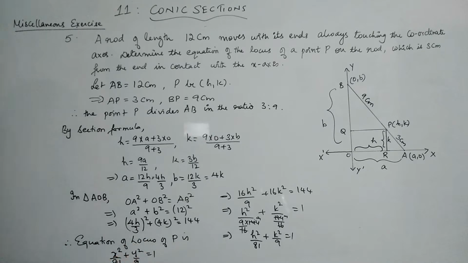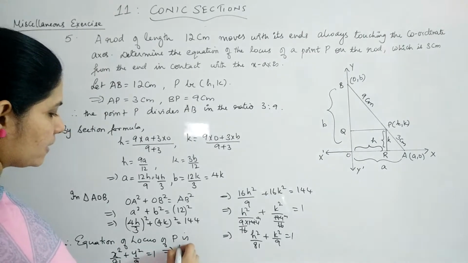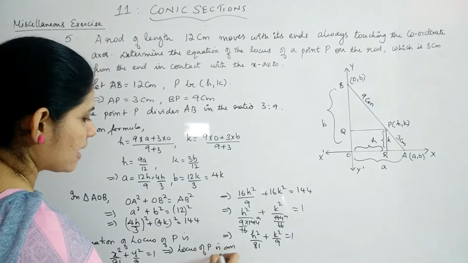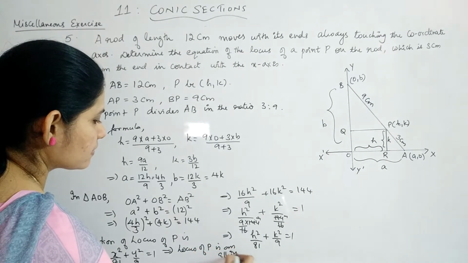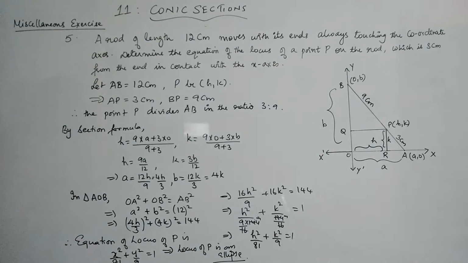That is, it is an ellipse, which implies the locus of P is an ellipse. So the equation is x square by 81 plus y square by 9 equal to 1. Locus is giving you an elliptic shape.